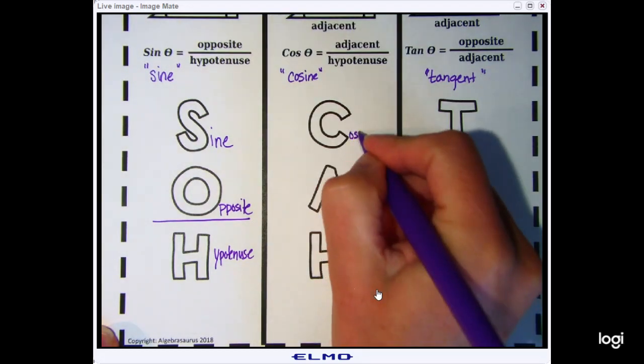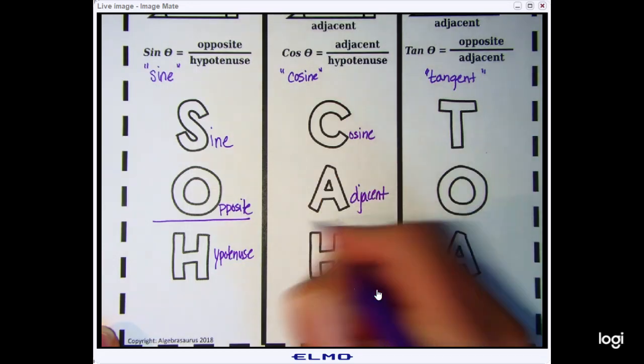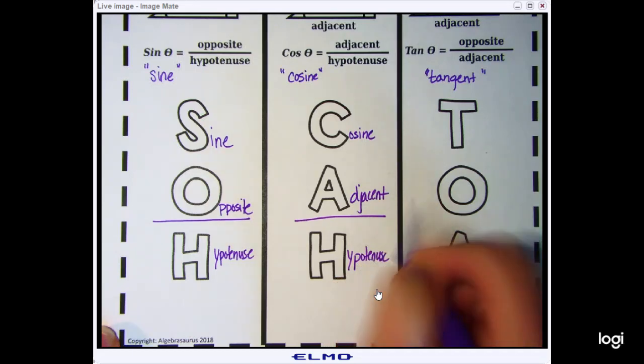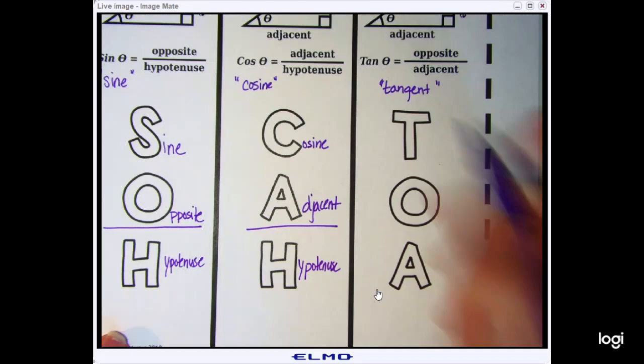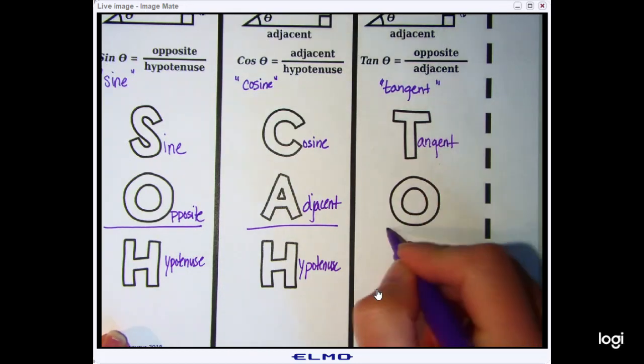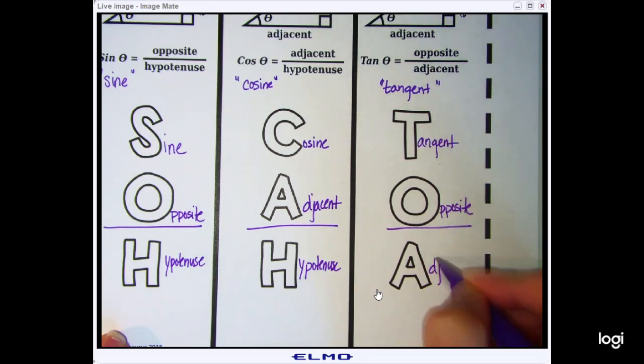Cosine is the adjacent side over the hypotenuse. TOA, tangent, is the opposite side over the adjacent side.